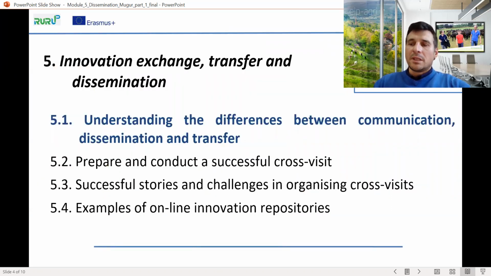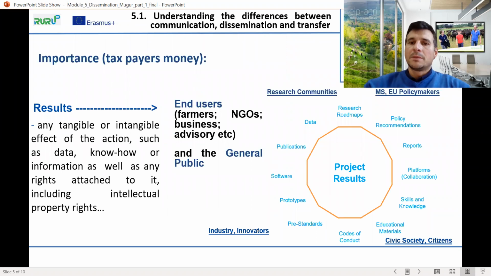Module number 5 is divided into 3 presentations. In the first one, you will learn the theoretical background around communication and dissemination activities. So, what and why is it important to learn about this? Communication and dissemination are key elements in all publicly funded projects.